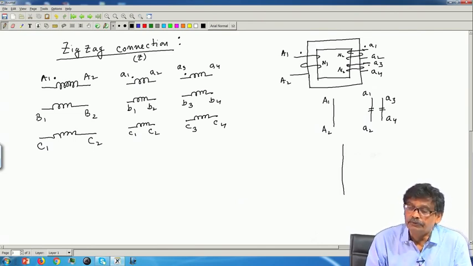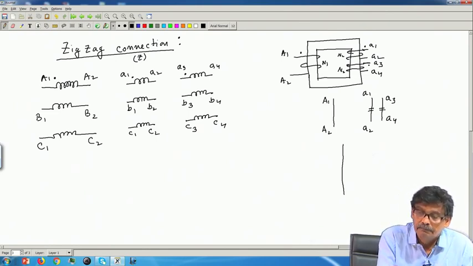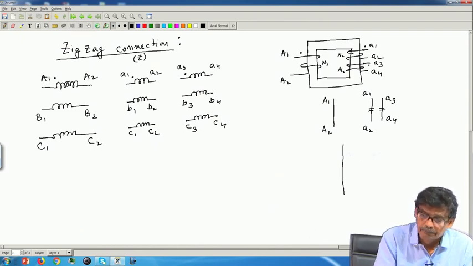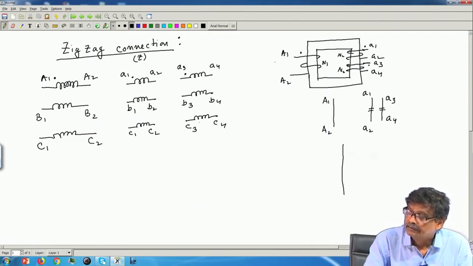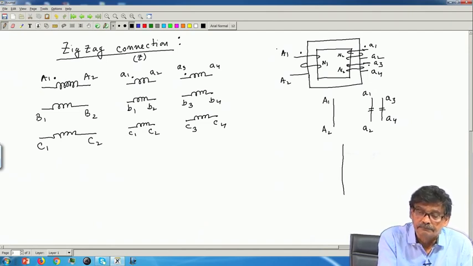Then what I will do? I will make it, suppose primary I have connected in star. Okay, so I will clean this portion.